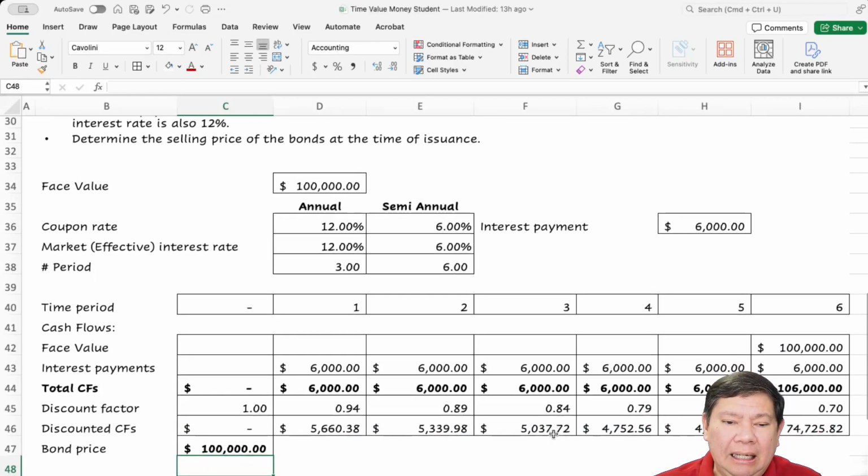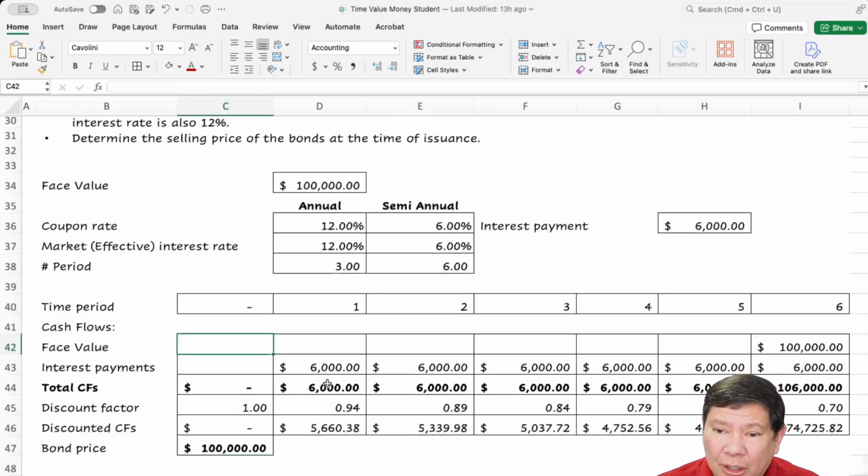You see, the price is $100,000. So whether it's annual or semi-annual, as long as the coupon rate and the market rate are the same, the bonds will be issued at the face value or at par.